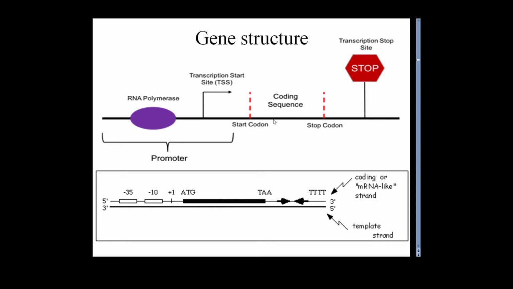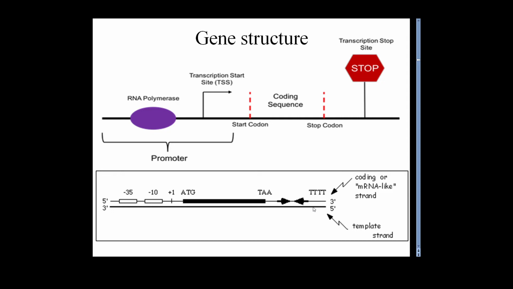And also after finishing, after the stop codon, there must be a specific sequence which indicates the finishing of the gene. Sometimes it may be a specific sequence which can create a stem and loop, so-called terminal loop.